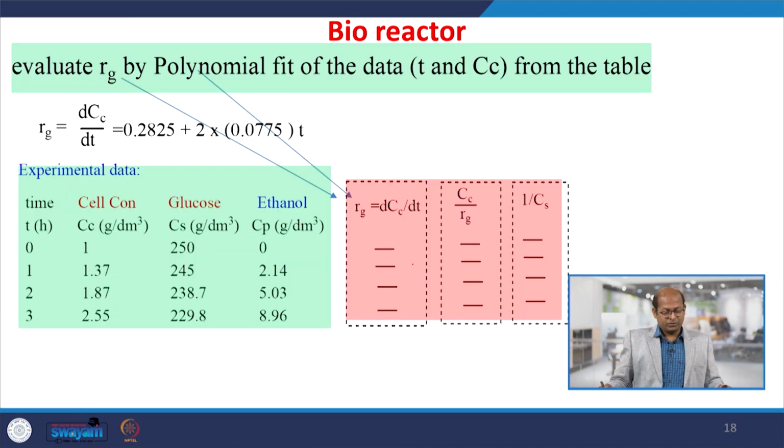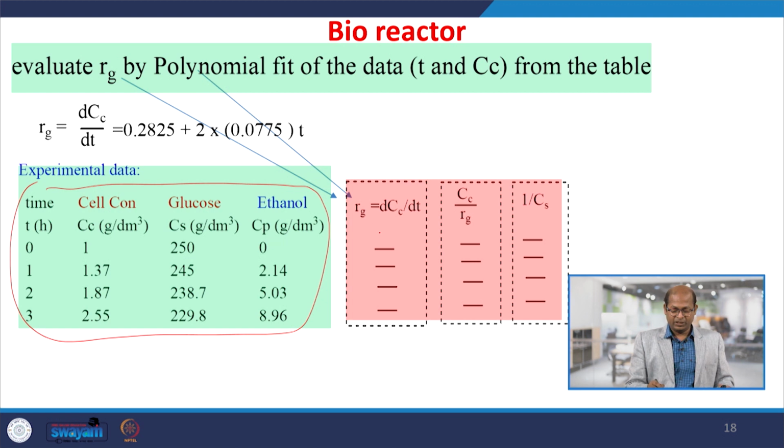By polynomial fit, initially the experimental data was given, after that we can find the Rg value at individual times: 0 hours, 1 hour, 2 hours, 3 hours. Once the Rg value is known, then Cc by Rg we can find out, since Cc is given.